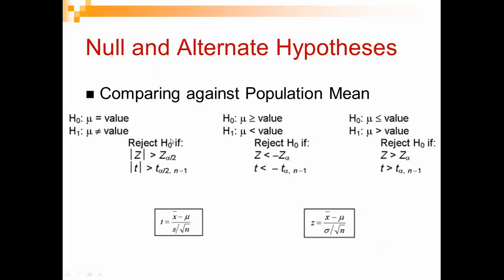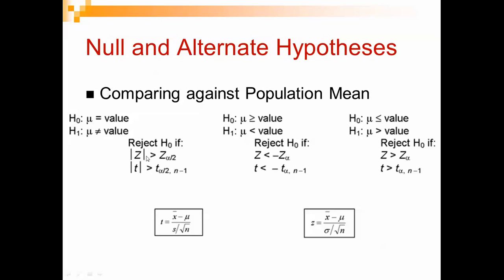And so we're going to reject the null hypothesis if our z-score, if we're using a z-test, is greater than our z critical value. And these vertical lines indicate that we're dealing with the absolute value of our z-score. So when we calculate it out, first thing we do is we calculate our z critical value. That's from the book.